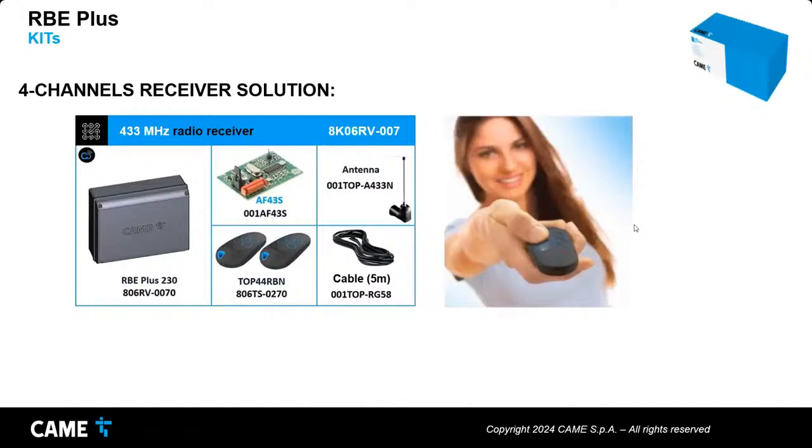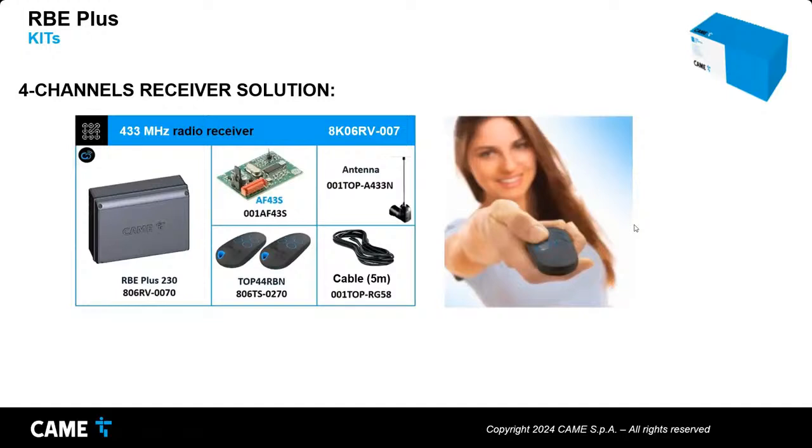So the first kit that I would like to show you is the one named 8K06RV007. So this is useful when you need to use a simple solution by having a transmitter, one, more of them, that manages the outputs of the 4-channel receiver solution.